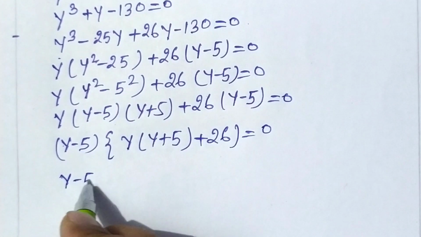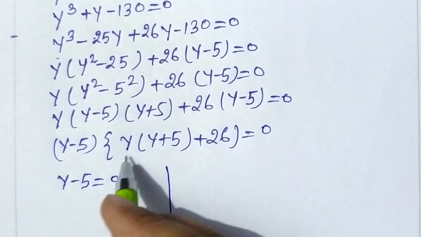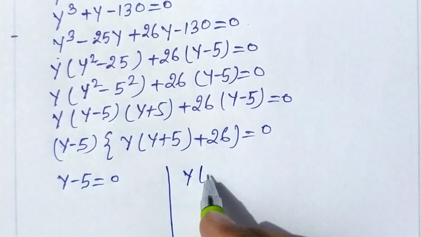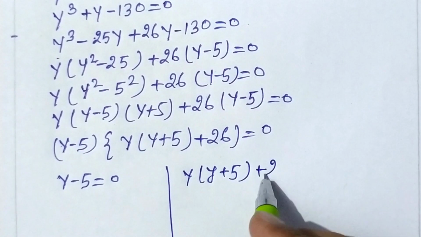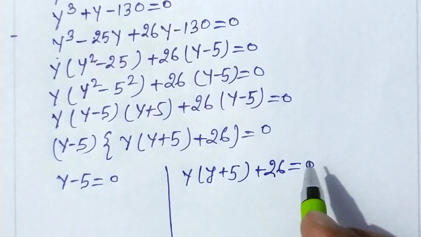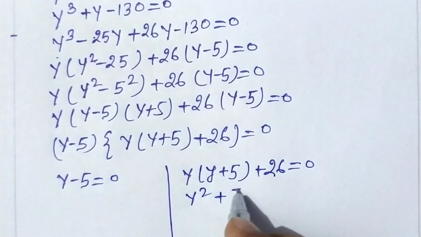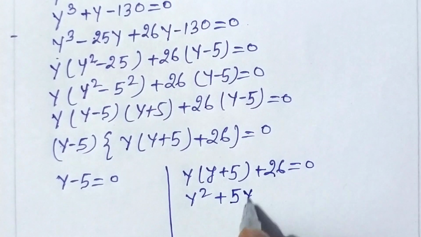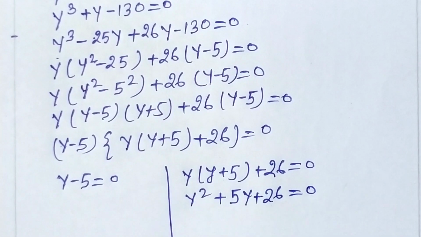Y minus 5 is equal to 0, and another case y into (y plus 5) plus 26 is equal to 0, which is y square plus 5y plus 26 is equal to 0.